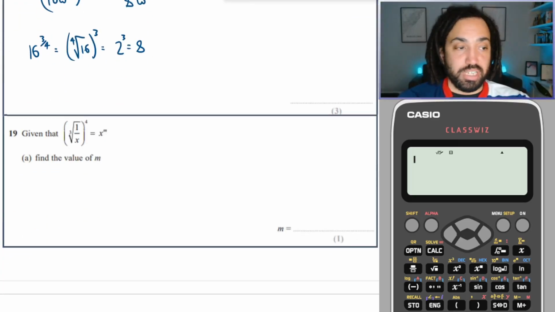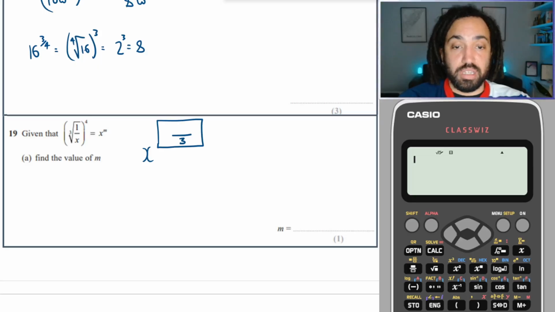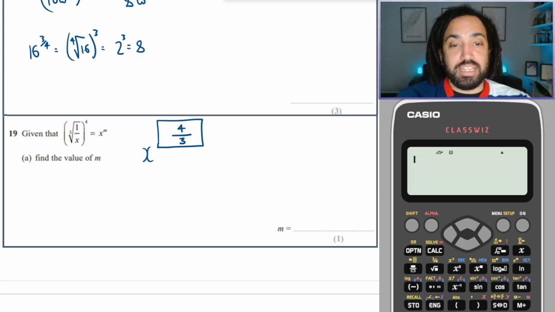Okay, this is a tricky little one marker. The cube root means that my power, so x, I'm trying to find out what the power is. The fact that it's a cube root means that it's going to be 3 on the bottom. The fact that it's to the power of 4 outside means the 4 is going to go on top. And then what would that do?